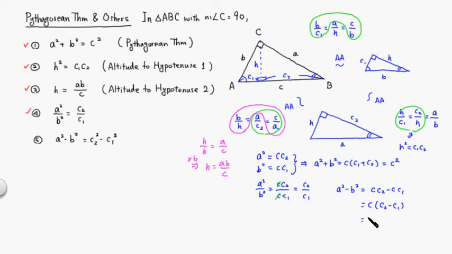But c is c1 plus c2, times c2 minus c1, and this will give you c2 squared minus c1 squared. So that will give you the last equality.